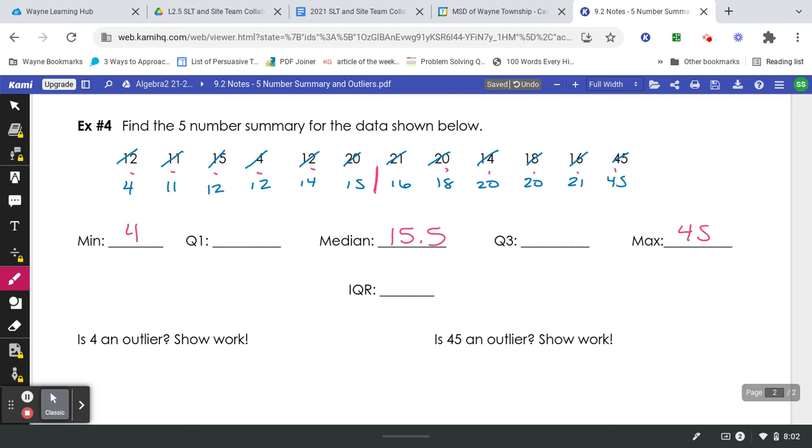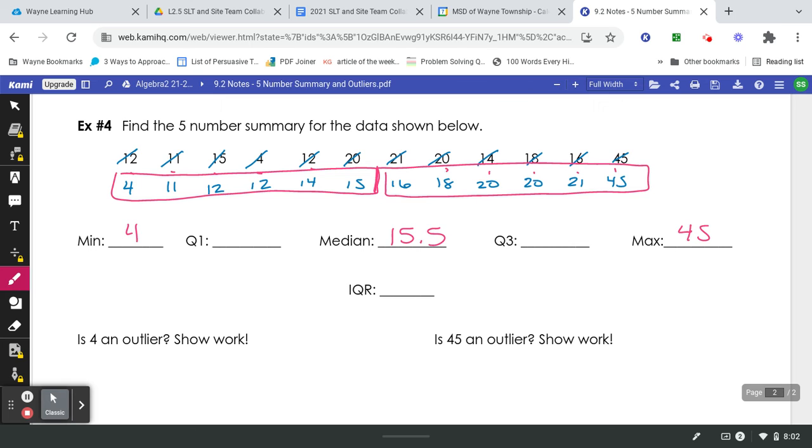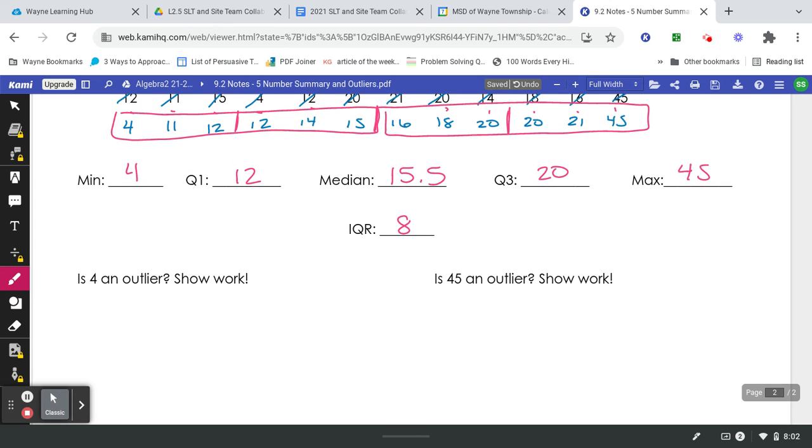And then you want the middle of the bottom half, including the 15. And then the middle of the top half, including the 16. That would fall right here, 12. That would fall right there, 20. And Q3 minus Q1 would give us 8.